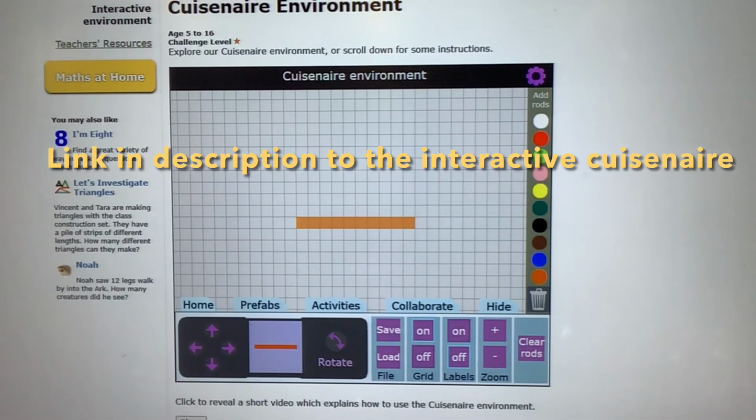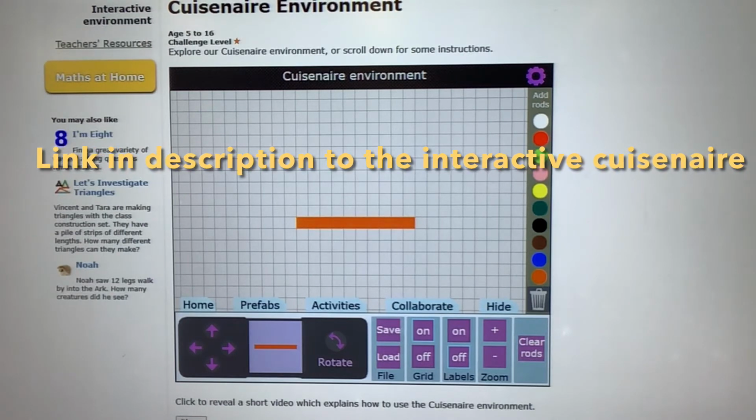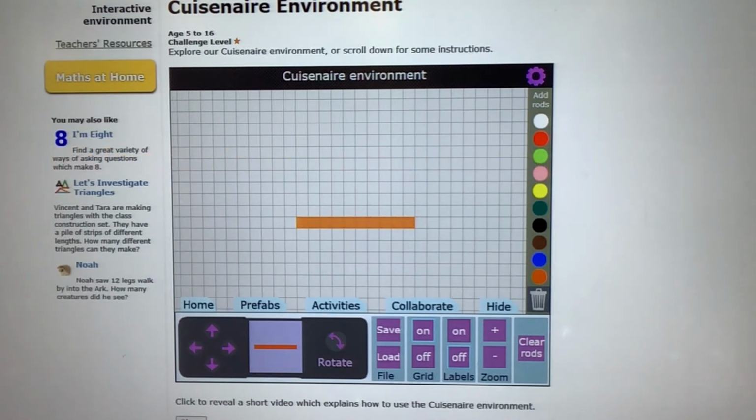So yesterday we said this orange was worth 10, but actually it can be worth anything we like. Remember, a fraction is always a fraction of something. So our whole here could be 10, our orange could be worth 10, or it could be worth any other number that we decide. Let's say it's worth 100.